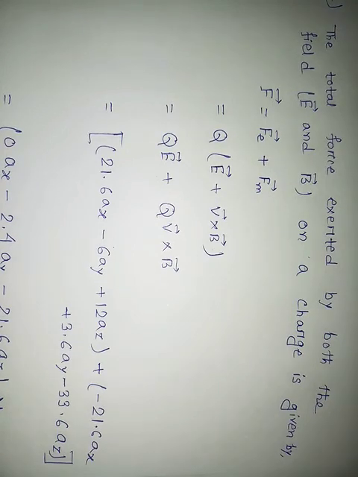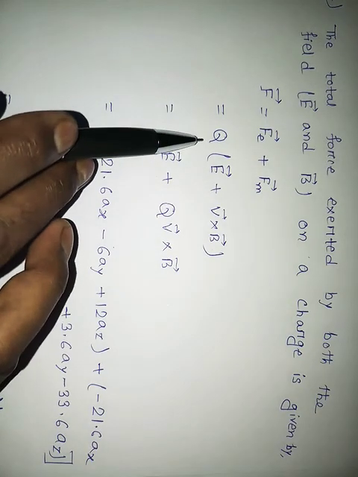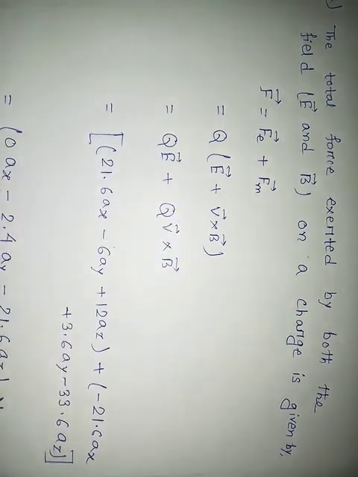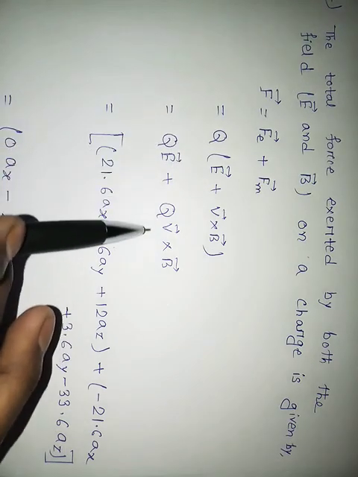Now we know that after taking charge as common, it is E plus velocity cross magnetic flux density, so we simply multiply by q in our next line.